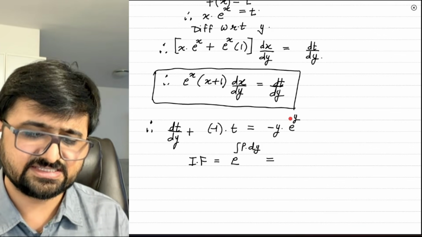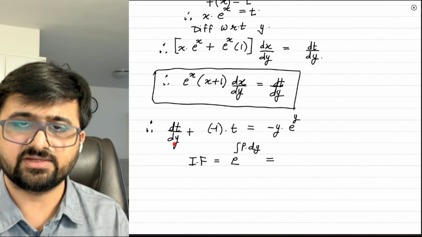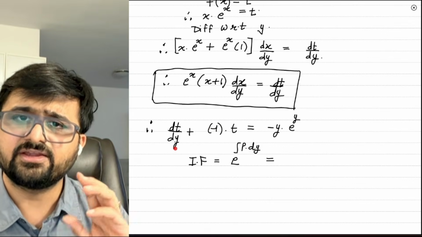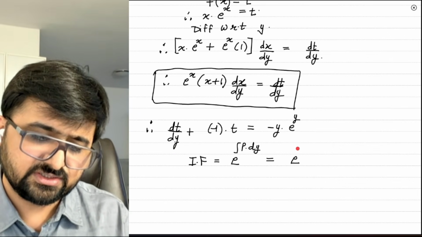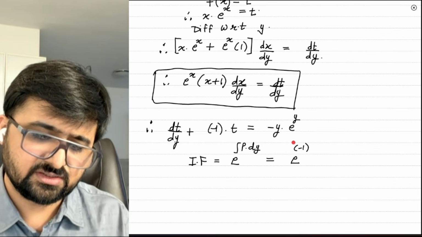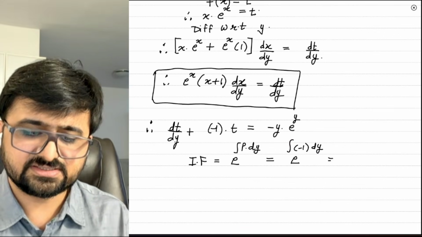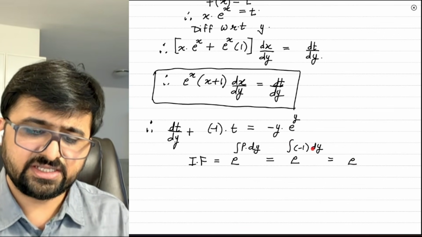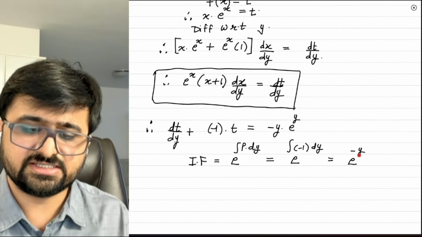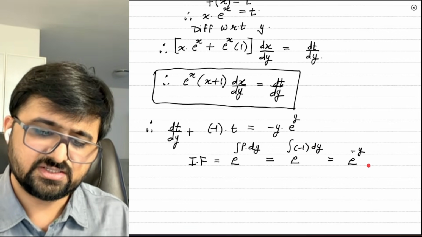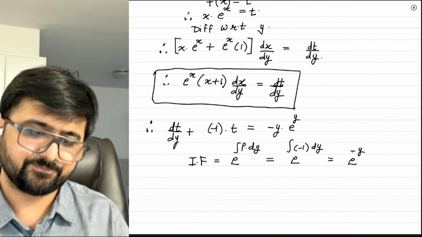But P and Q are always functions of the independent variable. So e to the power integration of minus 1 dy, and the integration of 1 is y, so that's your integrating factor, e to the power minus y.